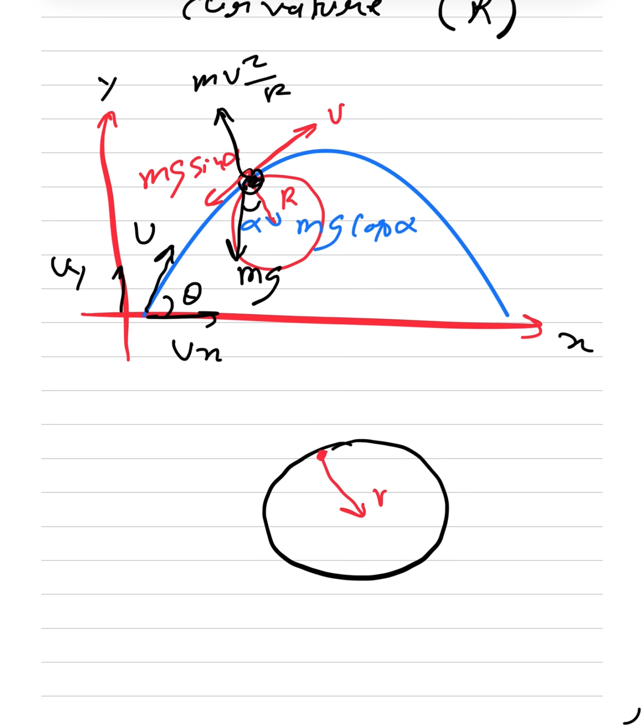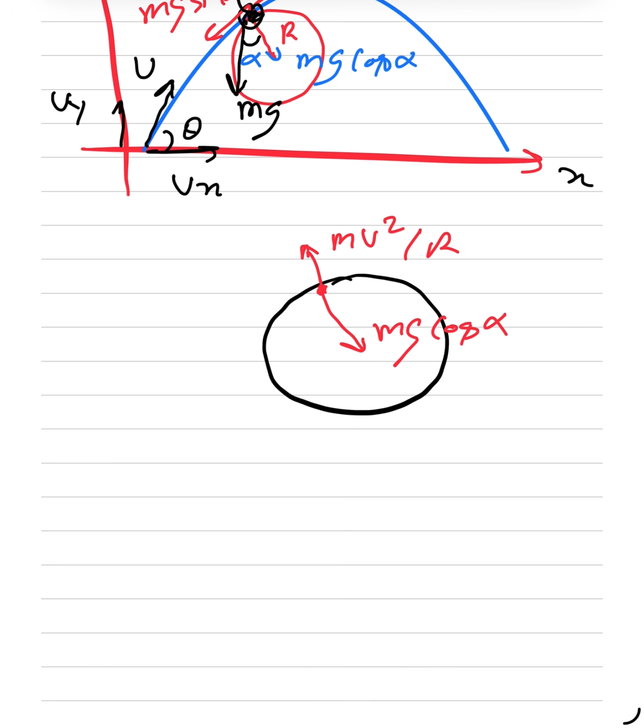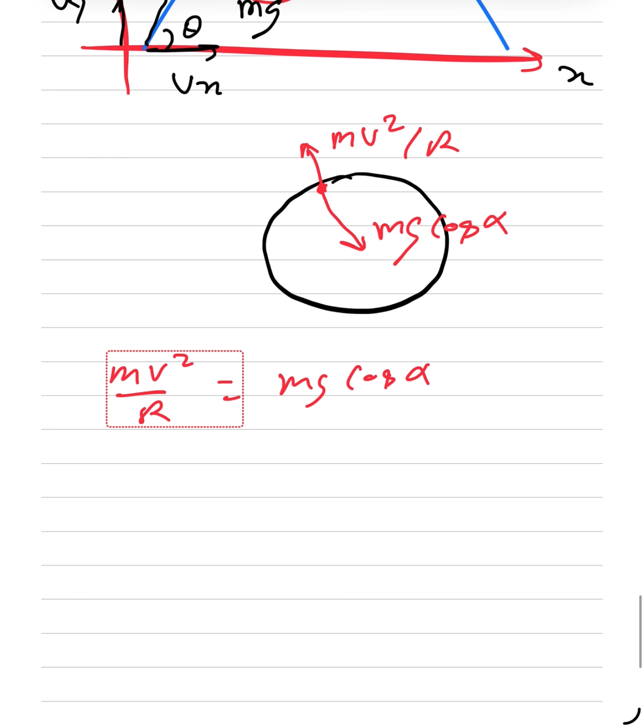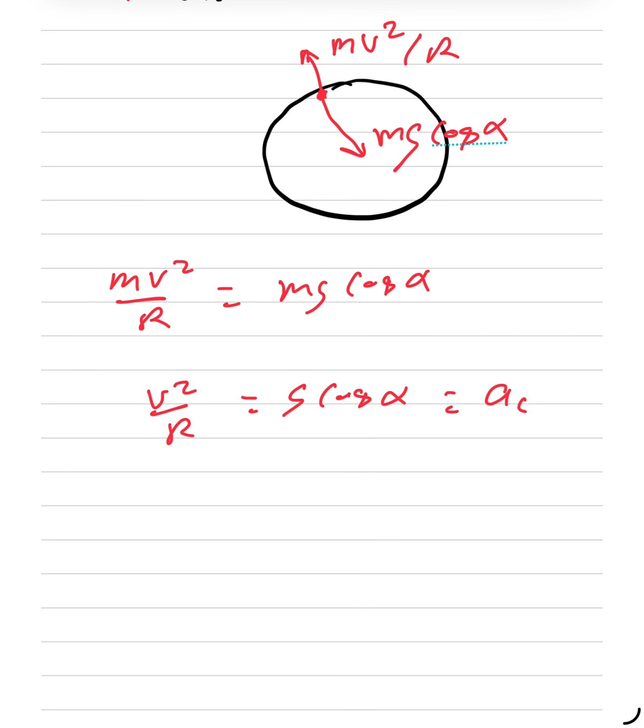Using the FBD, mg cos alpha and m v square divided by r are equal to each other. So m v square divided by r equals mg cos alpha, and m cancels out: v square divided by r equals g cos alpha.